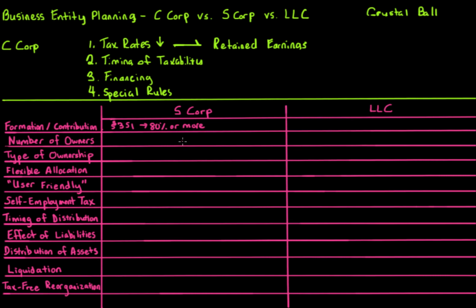This also applies to contribution, by the way. Contribution is when an owner contributes down the road after it's been formed, which can be a lot more difficult. The idea here is, what if you're transferring appreciated property to the S corporation in exchange for stock? Well, we have an exchange.